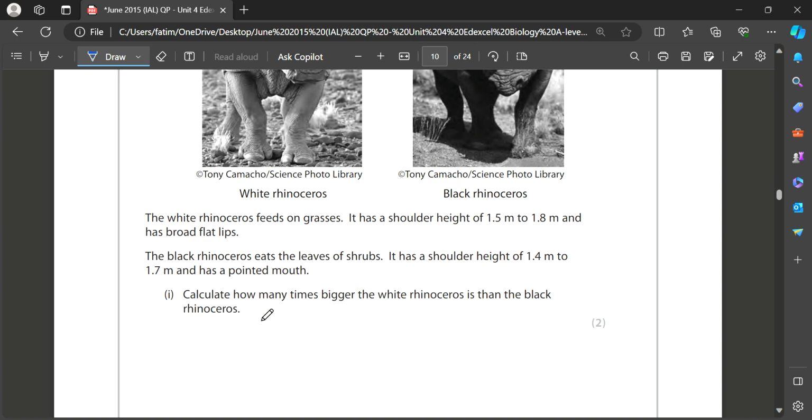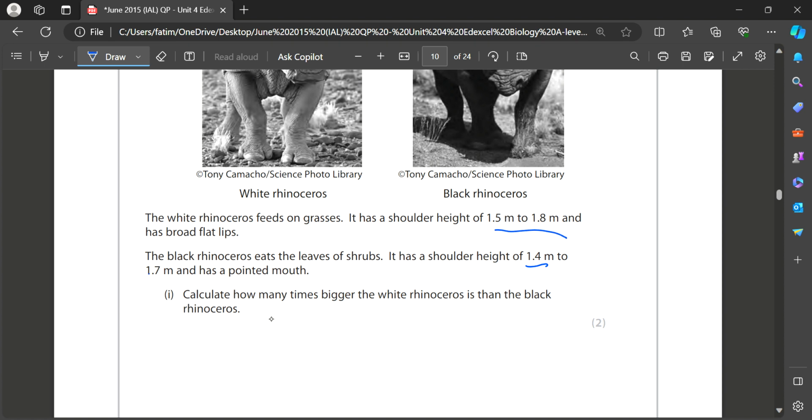So what will we say? So they've given us the shoulder height and height. It has a shoulder height of 142.7. Okay, so they've given us these two values.